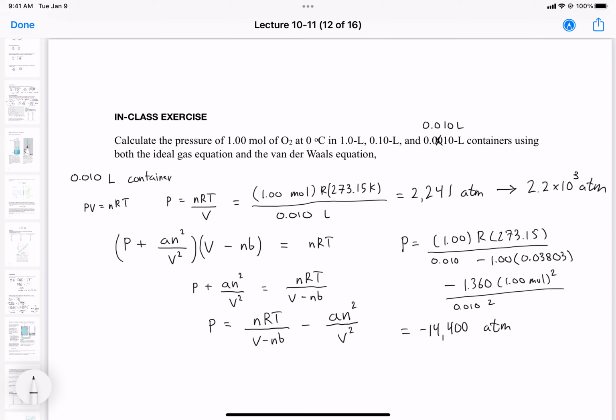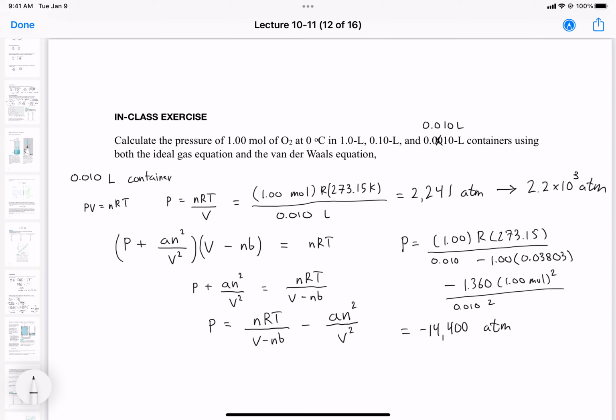So the calculation fails. A negative pressure results, but we know pressure is either 0 or above 0, so it fails. So in this case, this is where we can't really use the ideal gas law to represent the behavior of oxygen gas at such a low volume. So this is where the calculation fails.